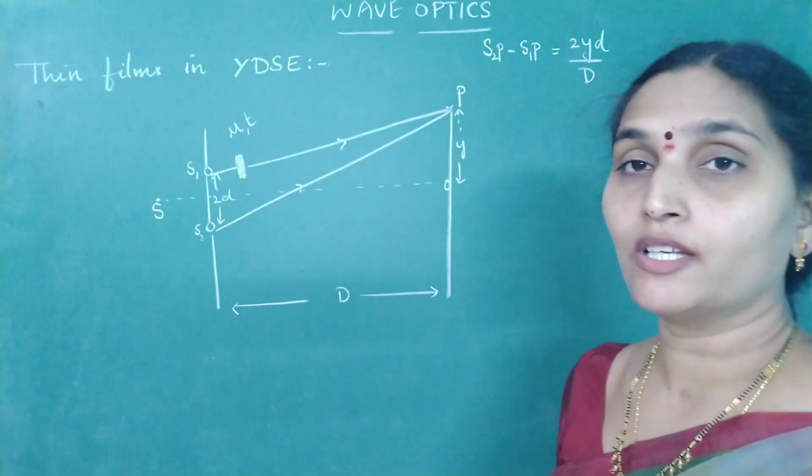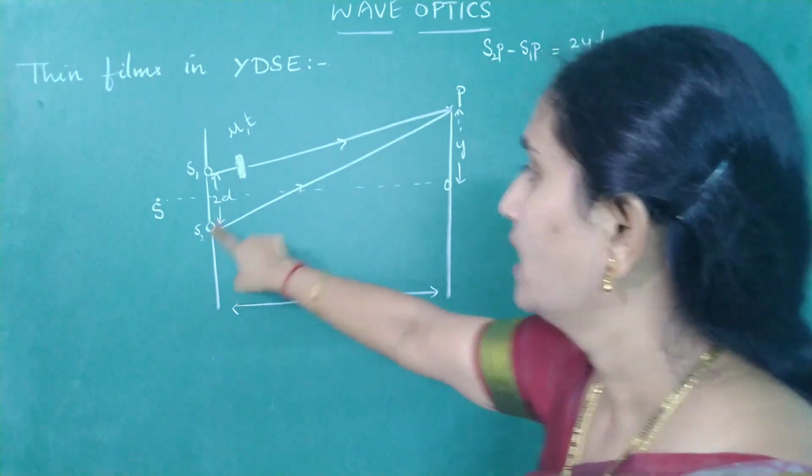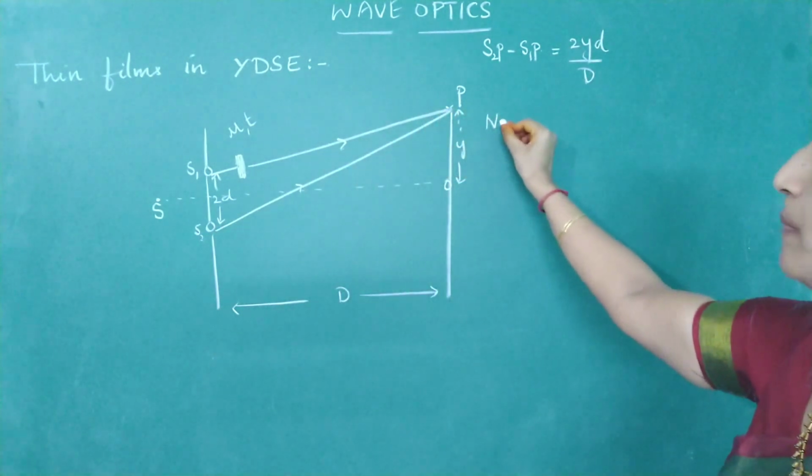Now, let's see what would be the new path difference in the presence of the thin film. So, I will write the new path difference.